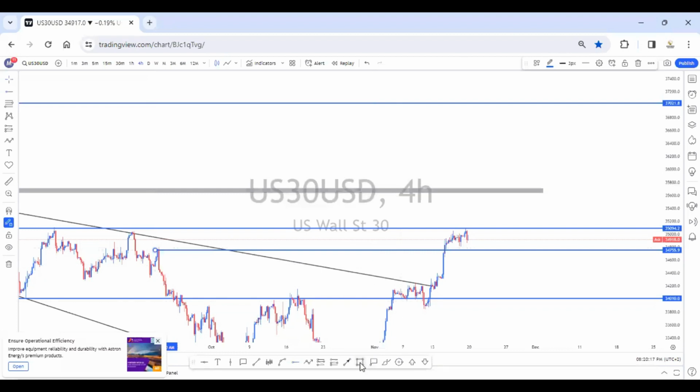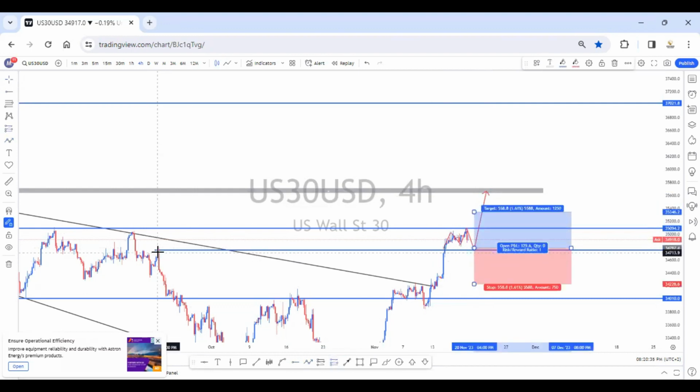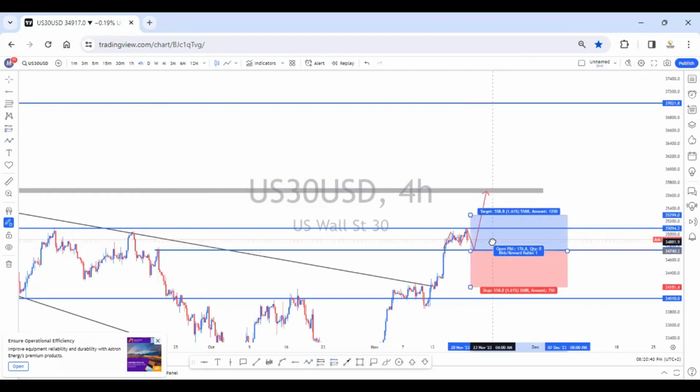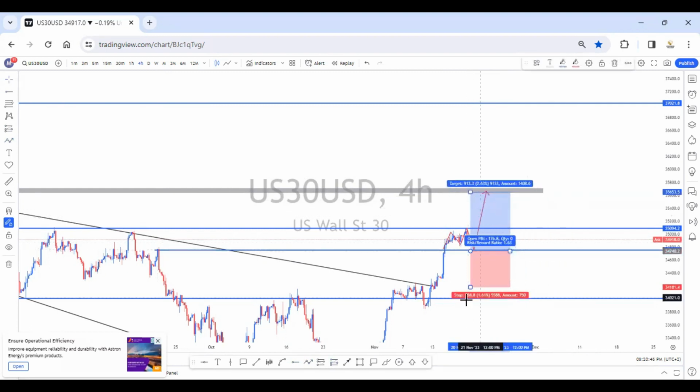We can find ourselves having something like this. The market started to range like this, the way it is doing right now, and then we find ourselves bouncing here and pushing to the upside to this level. That is where I'm expecting my buying opportunity, because I will be buying at the zone. That's my expectation on the USD.